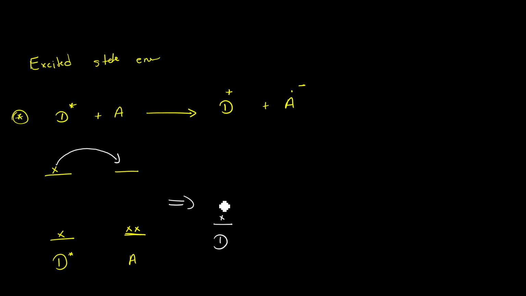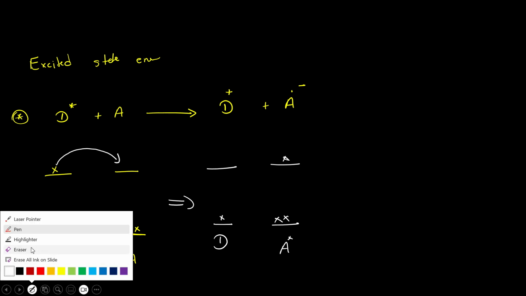Now you can see the excited state is not populated because the populated electron has been transferred. In our A or the acceptor, we have an excited electron. Now A has obtained an electron from our donor.